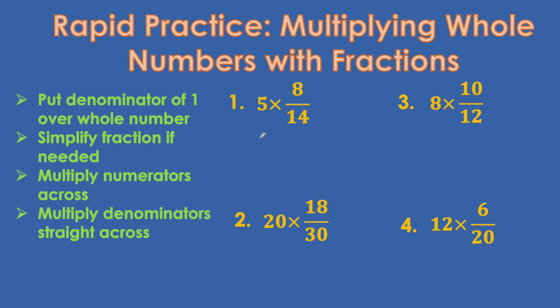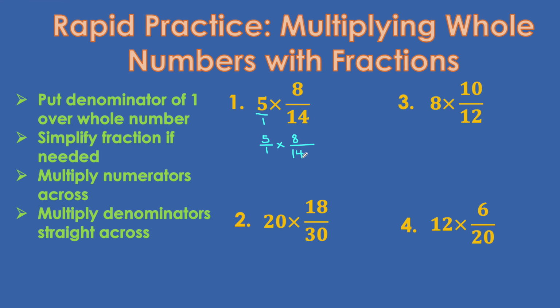The first one, we have 5 times 8 over 14. First step, put denominator over the whole number. So we write 5 over 1. Then we're going to simplify the second fraction. Copy down 5 over 1 times 8 over 14.